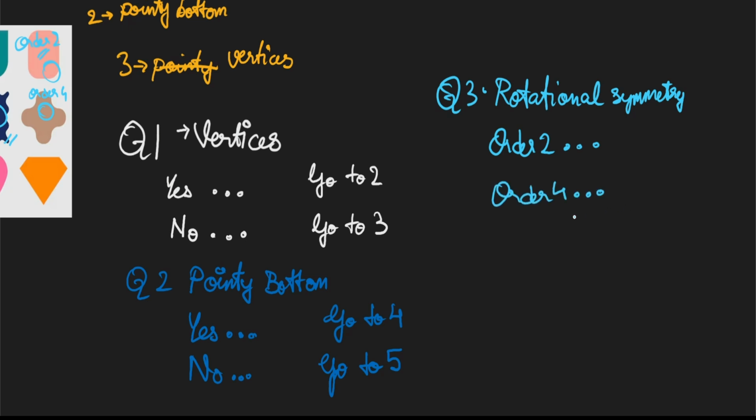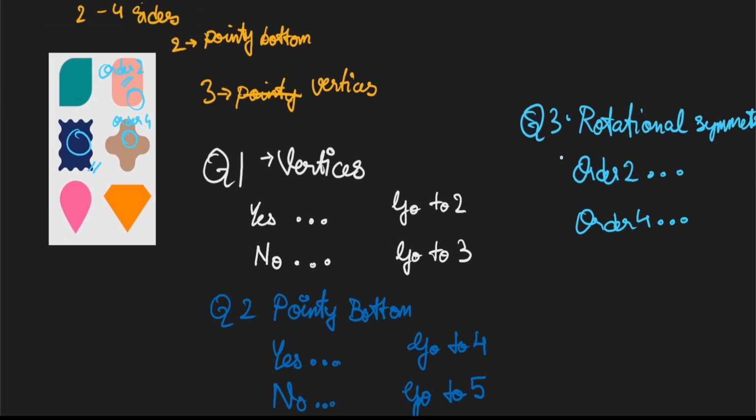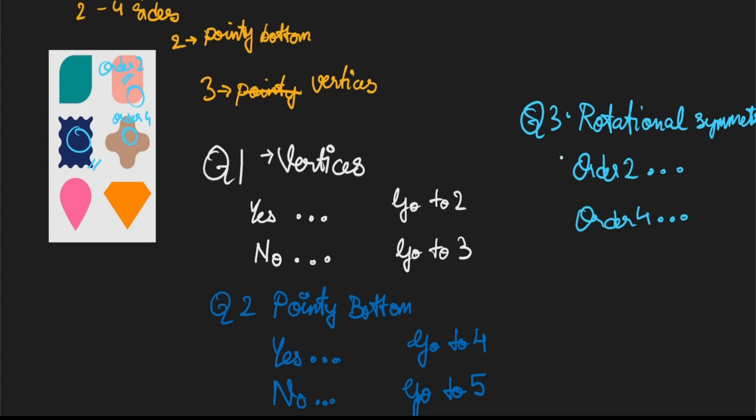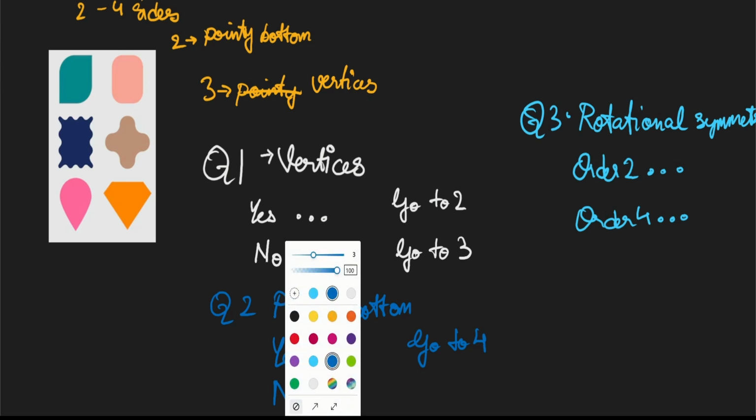Now we have our first classification because, actually, I have made a mistake. Our first classification is actually here. There was no need to go to 5, right?